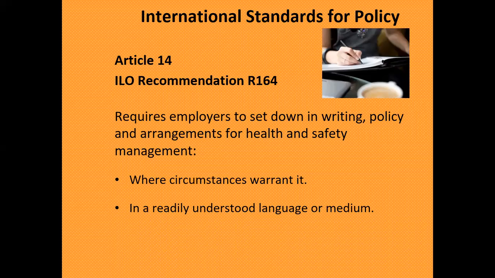It must be in a language that is easy to understand for all levels of employees and all stakeholders, and where the circumstances require that it needs to be reviewed, it must be reviewed by the organization.